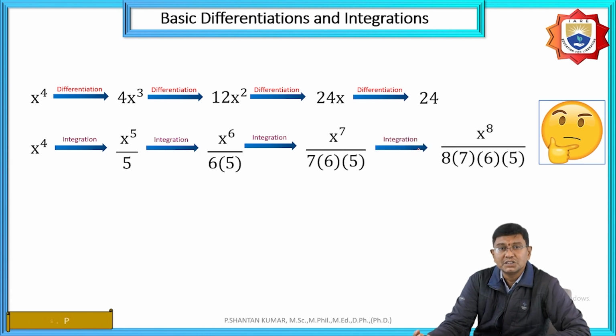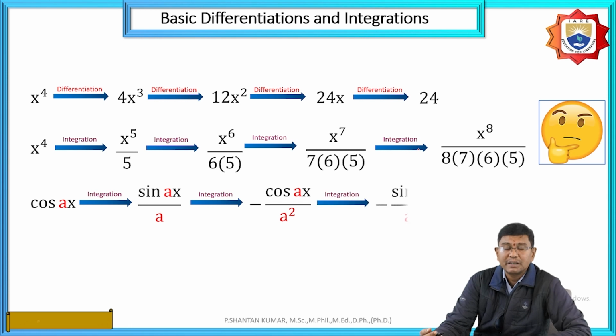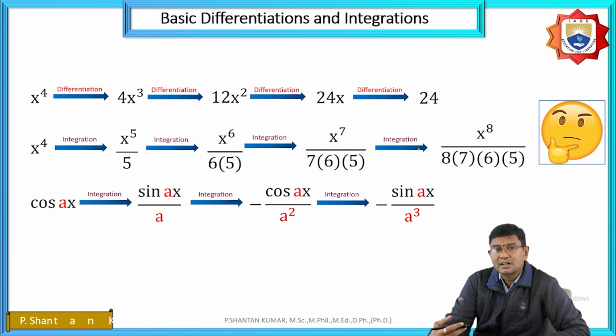And one by one it increases level by level in the integration. Similarly, for example in trigonometry, the integration of cos x is sin x by a, then minus cos x by a square, and again minus sin x by a cube. These integrations are helpful for the Fourier series.